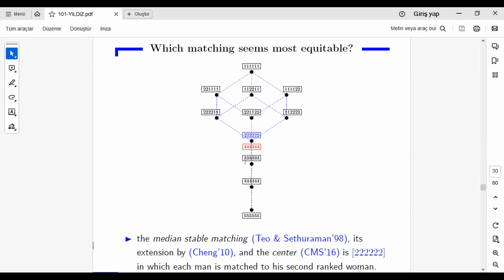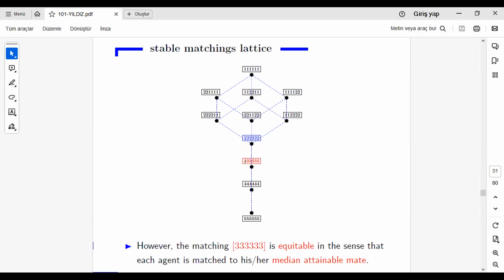And clearly, this example is so specially concocted that it is obvious that this is unfair. Why? Because there is a matching where every man and woman gets his or her third best, which is his or her median stable matching. That's the one in the middle.